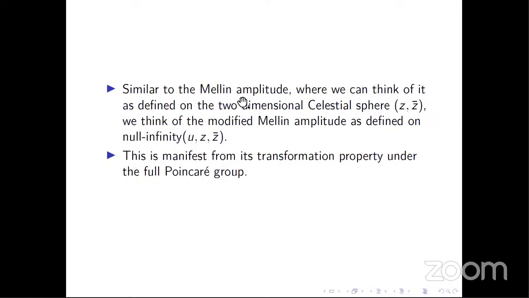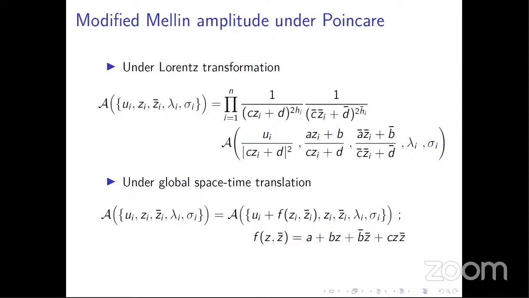As we said, the Mellin amplitude is defined on the two-dimensional celestial sphere, z and z bar. We can think of the modified Mellin amplitude as defined on null infinity, u, z, z bar, and this is manifest from its transformation property under the full Poincare group, which is given by this.